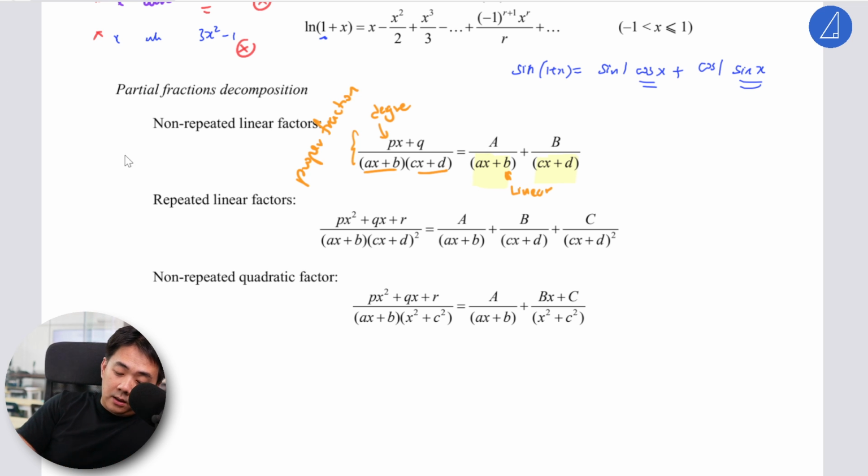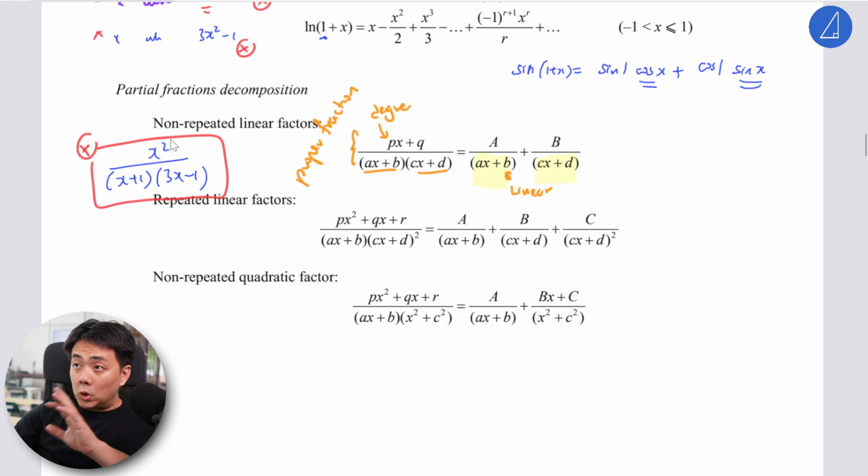So meaning to say, 2x plus 1 over x squared, (x plus 1), (3x minus 1), in this one, this is not a proper fraction. Proper fraction means the degree on top has to be less than the degree below. So as long as it's not, you just do long division.